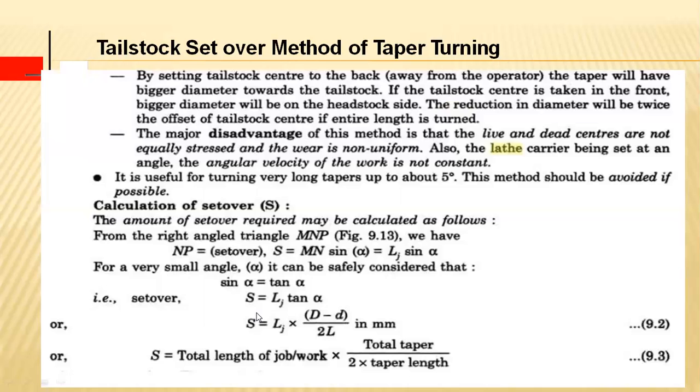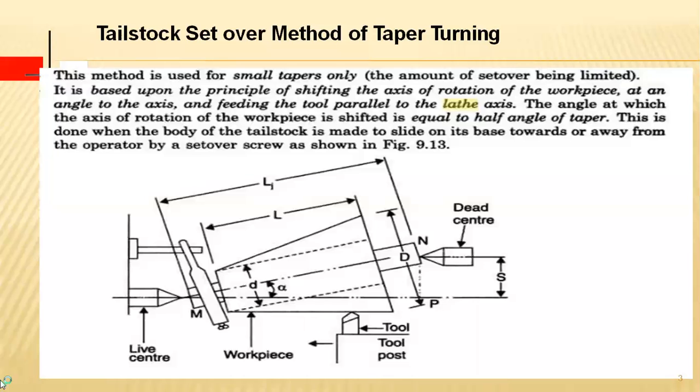Hence, this alpha is considered very small in comparison, and sine alpha is equal to tan alpha. Hence, upon calculation, the total shifting length from the headstock towards the tailstock is equal to the total length of the job work into total taper by 2 into the taper length.